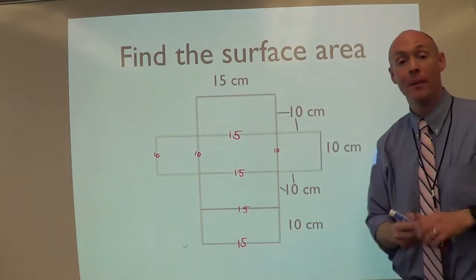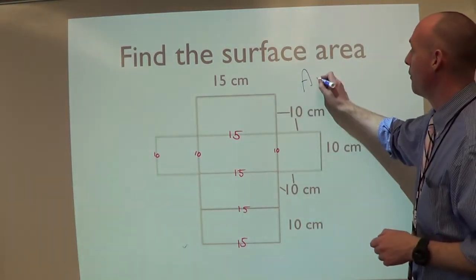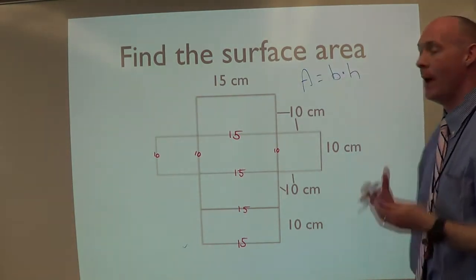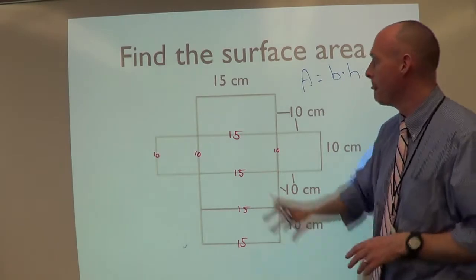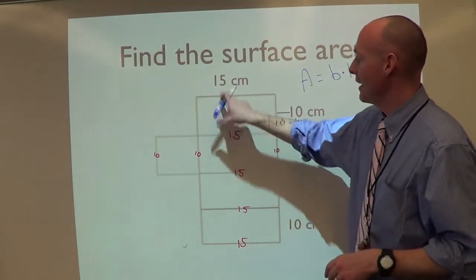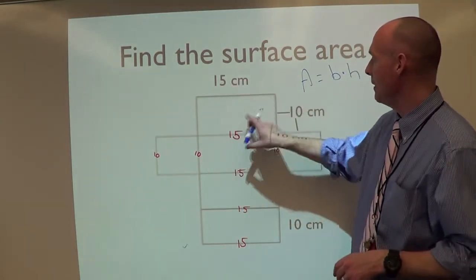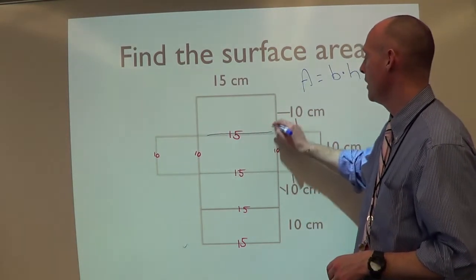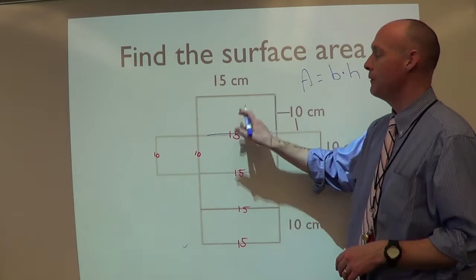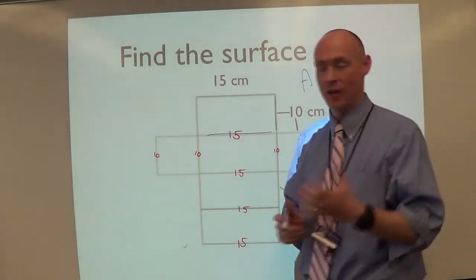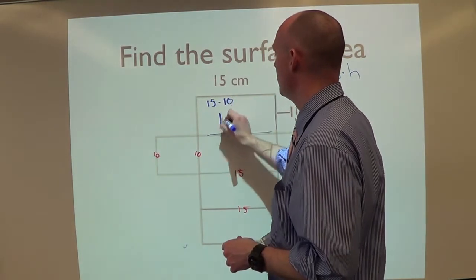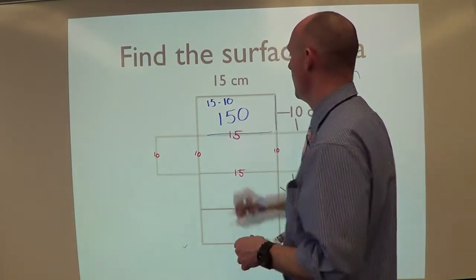If we remember our formula, the area of a rectangle equals base times height. Okay, using that, let's do some work. Here's my first rectangle. I have a base of 15 and a height of 10. 15 times 10 is 150. Perfect.